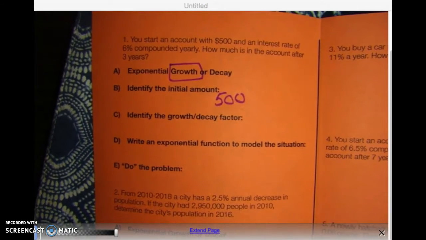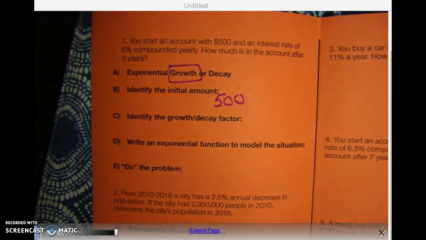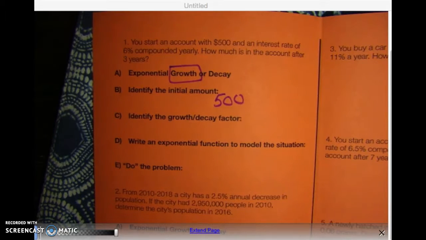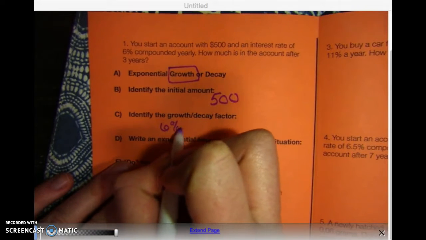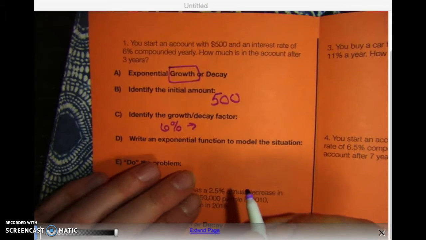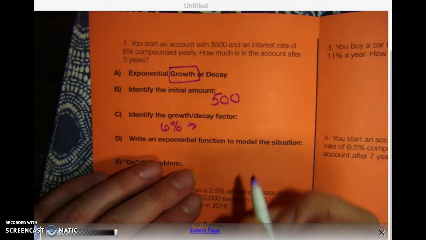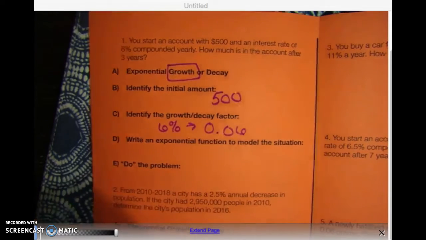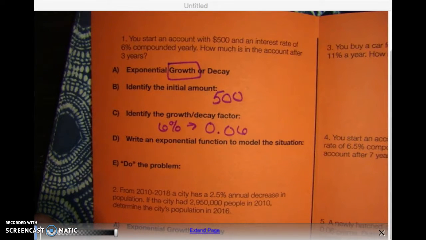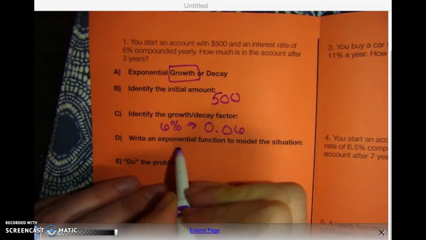Now I have to find my growth or decay factor. I'm going by 6%, but we're going to want to deal with this in decimals. So what is that going to be? 0.06. Okay, so now I want to find that factor. I really should have written rate.